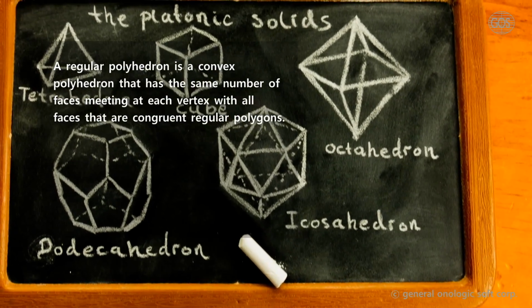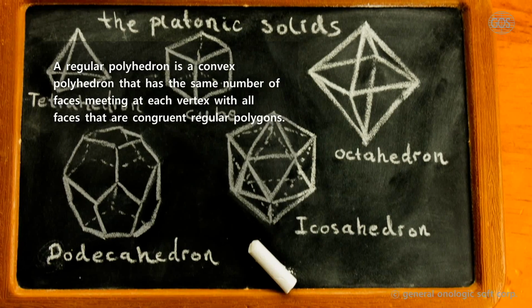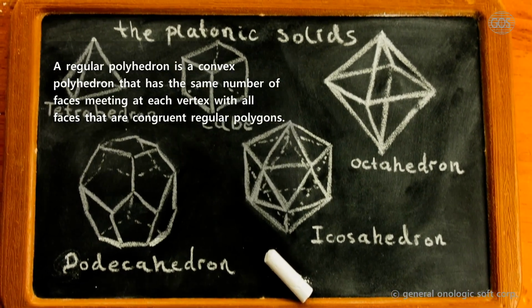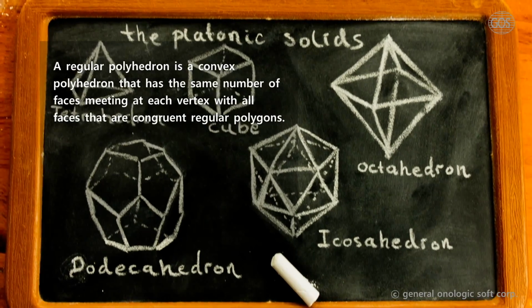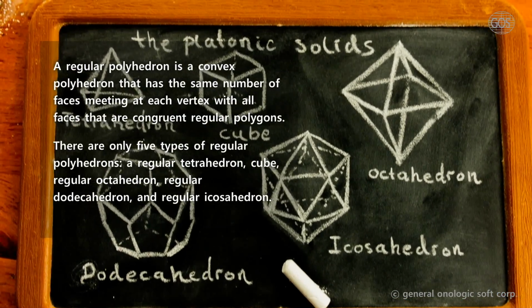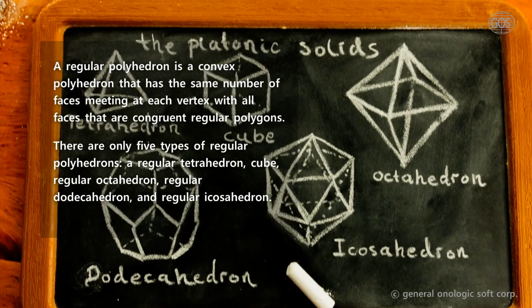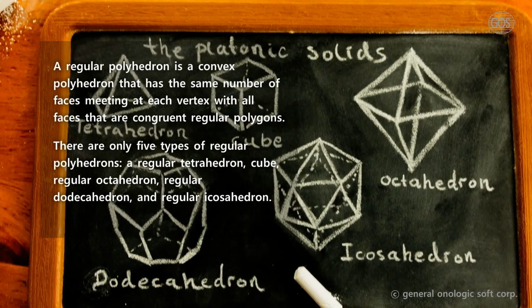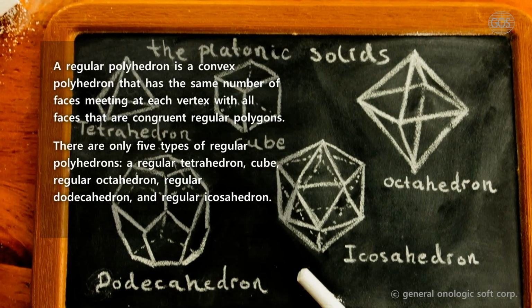A regular polyhedron is a convex polyhedron that has the same number of faces meeting at each vertex, with all faces being congruent regular polygons. There are only 5 types of regular polyhedrons: a regular tetrahedron, cube, regular octahedron, regular dodecahedron, and regular icosahedron.